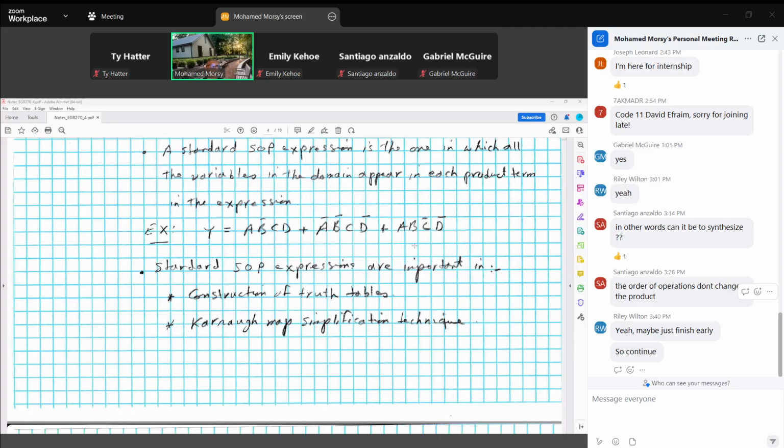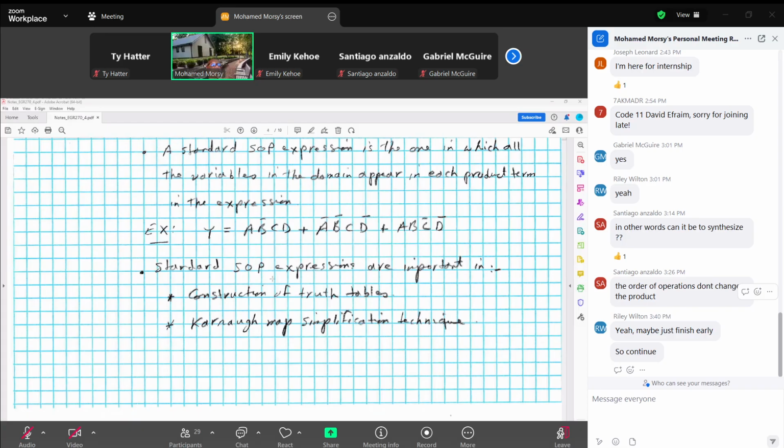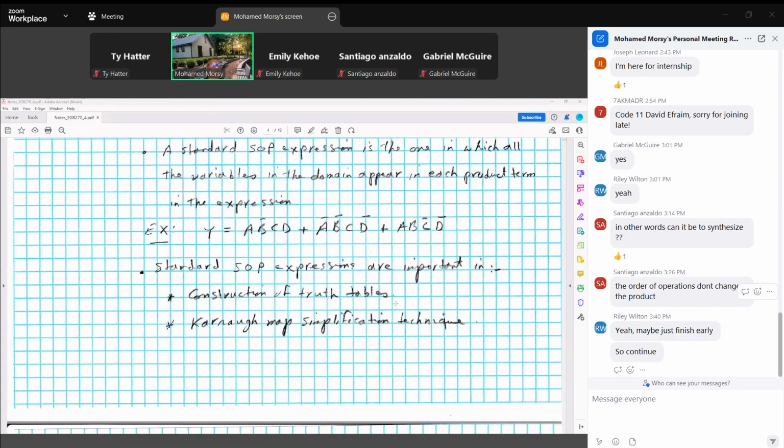Okay. Why is this standard form important for us? Standard sum of product expressions are important in construction of the truth table. We mentioned the truth table gives you the function of the component or the system. So to construct the truth table, we must have this form as standard form.